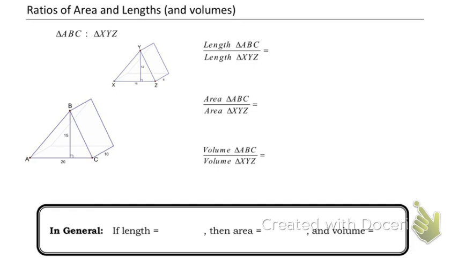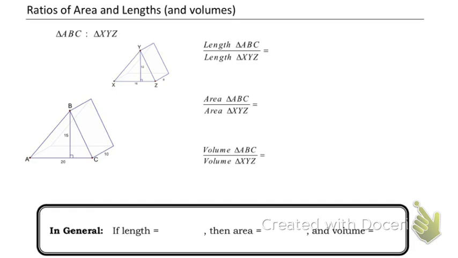So it says right here, I want to find the ratio of length of triangle ABC to length of triangle XYZ. And we're saying that these two triangles are similar to each other. So we can really compare any lengths we want to as long as they're corresponding lengths, right? I don't want to compare this base to this height.